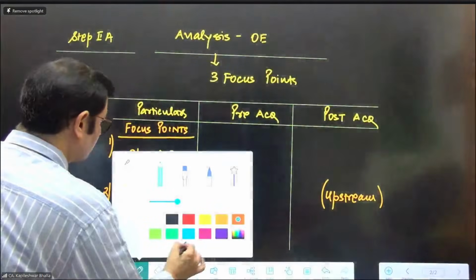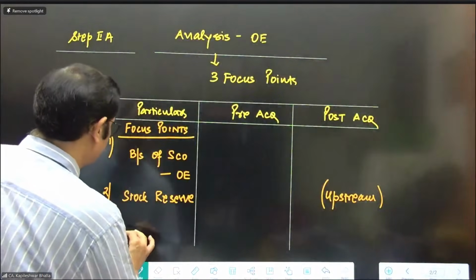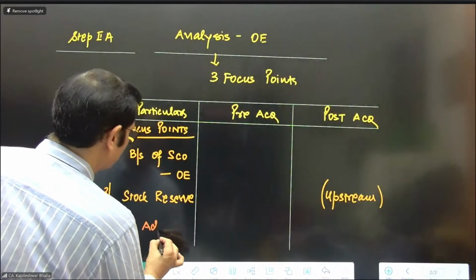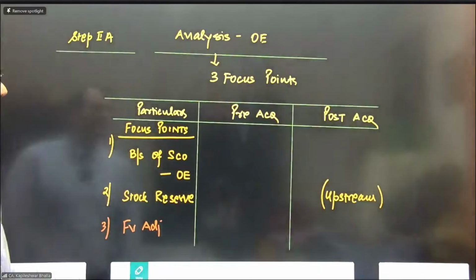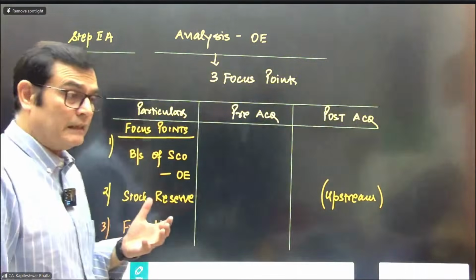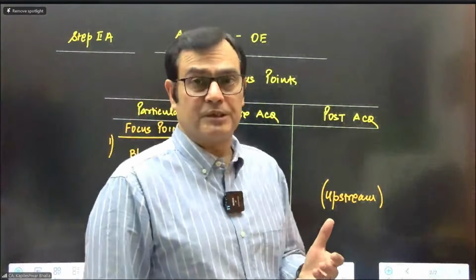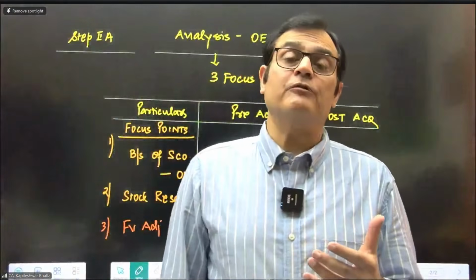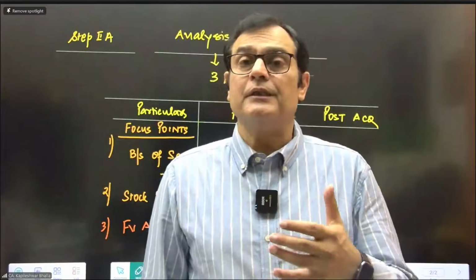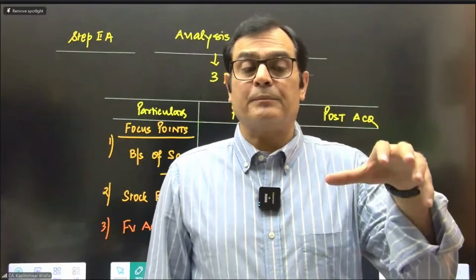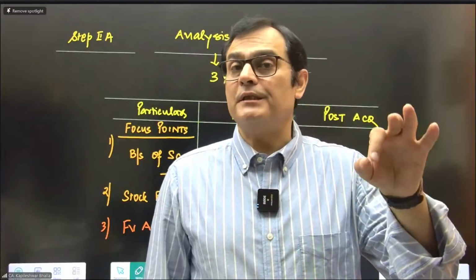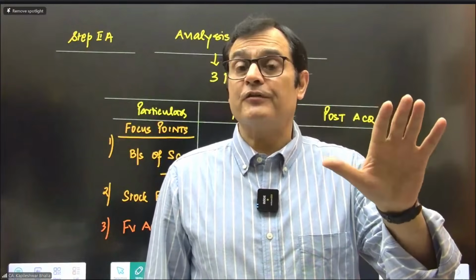The third focus point is the fair value adjustments, which is most commonly seen in many questions. Because we know as per Ind AS 110, consolidation would involve mandatory fair value changes. That means the subsidiary's assets and liabilities will be taken at fair value.